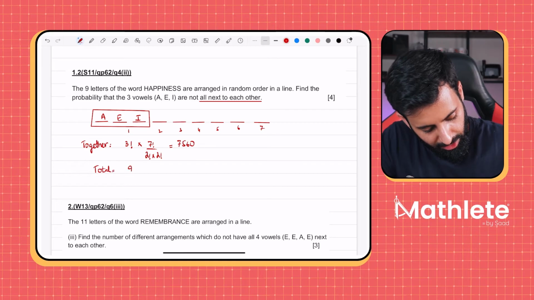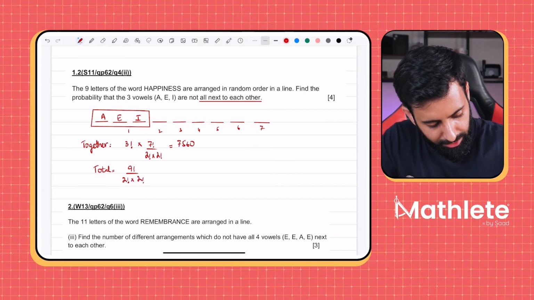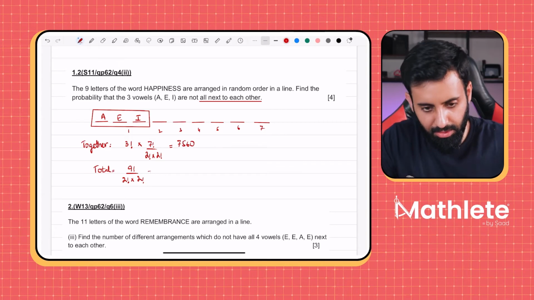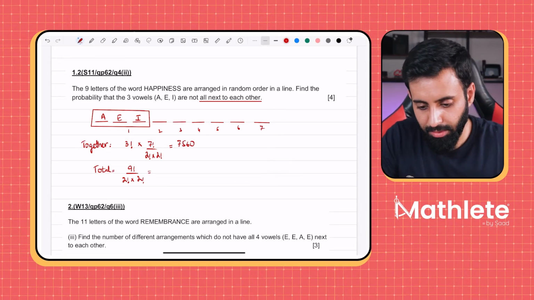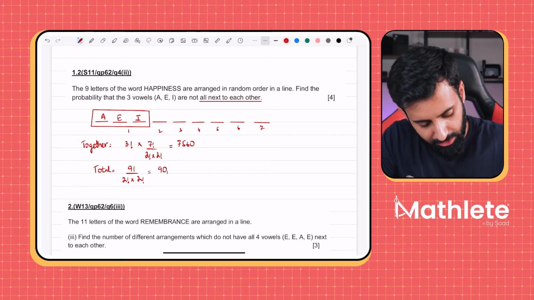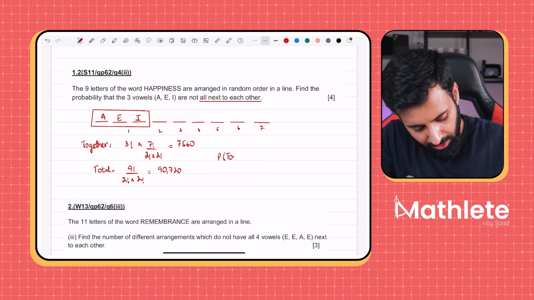Now let's talk about the total. The total would be 9 factorial divided by P being repeated twice, so 2 factorial, multiplied by 2 factorial. Any other letter other than P and S that's being repeated? No, that's it. So 9 factorial divided by 2 factorial into 2 factorial is 90,720. Let's find the probability that they are together, and then subtract that from 1.